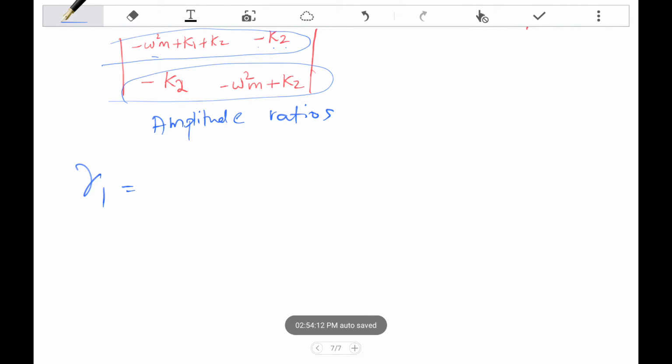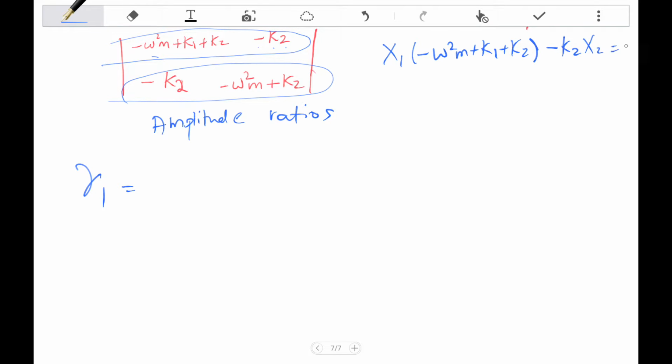So what we're going to do is, this equation existed like this before: (k1 + k2 minus omega squared m) x1 minus k2 x2 equals 0. So we're going to arrange this equation here, not this one, but this equation here, and rearrange to solve for x2 over x1.